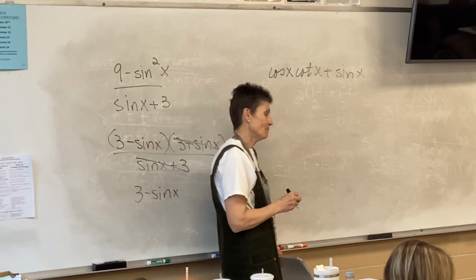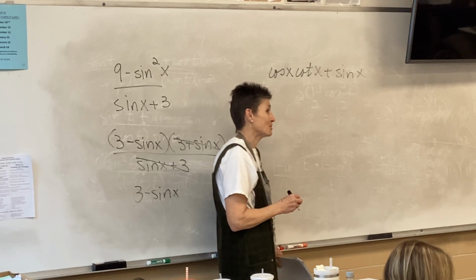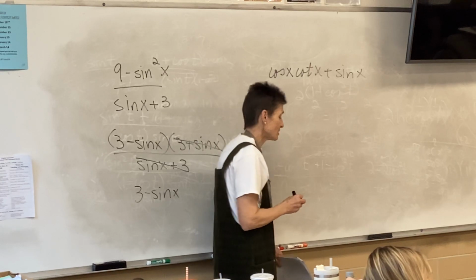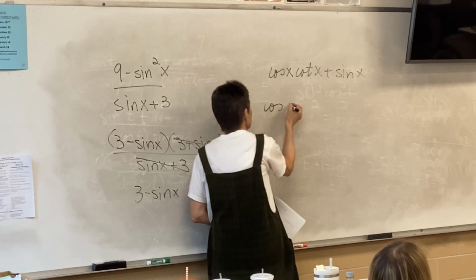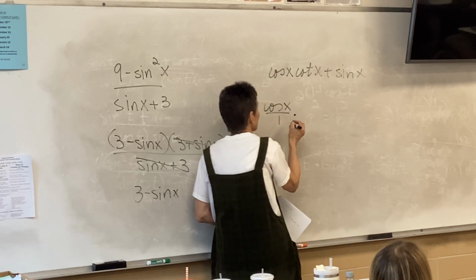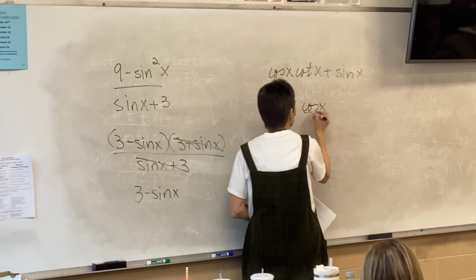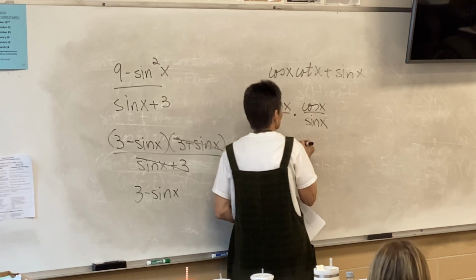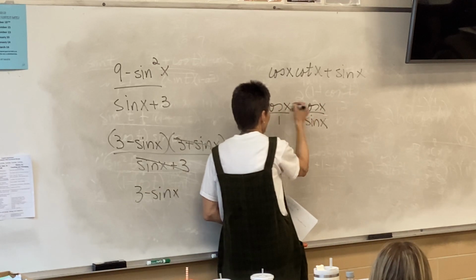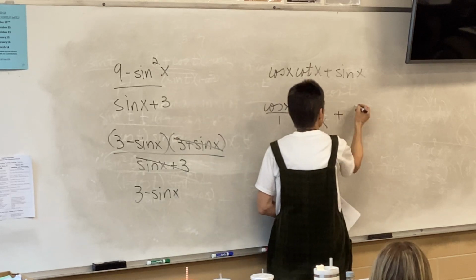Cotangent, thank you. We'll change cotangent into cosine over sine. So we have cosine over 1 times cosine over sine, these two are multiplied, plus sine over 1.